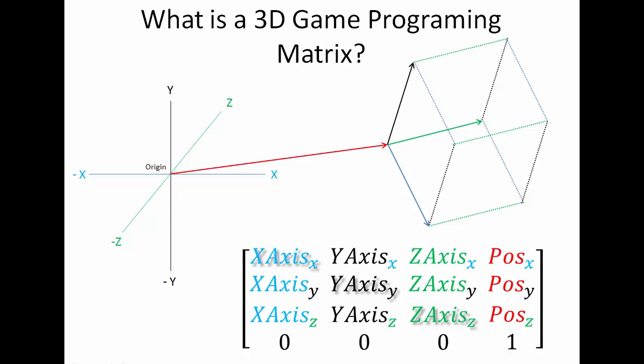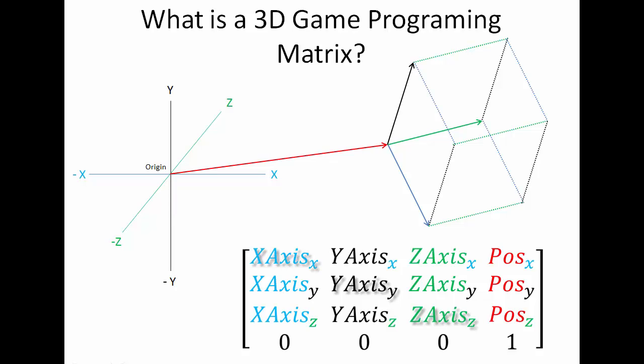So I said earlier that basically if that w value, the fourth value, is 0, then it's a direction or a vector. And if it's a 1, then it's a position. And you can see that down in the last row there.